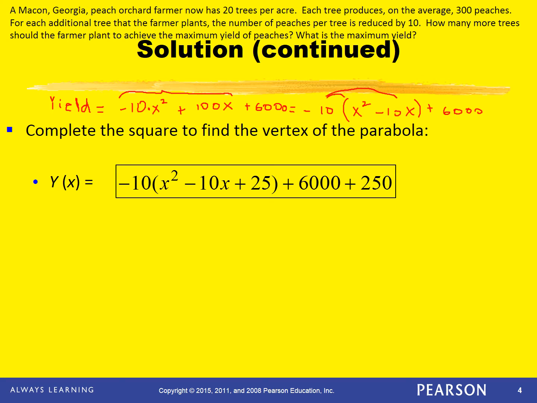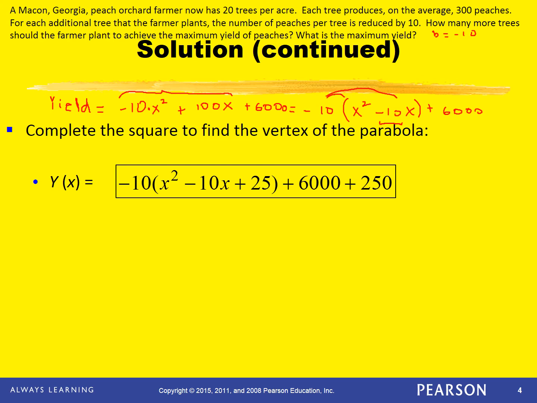Now to complete the square, we have to add the square of b over 2 on the inside, right? Where b is this negative 10. So b is negative 10.